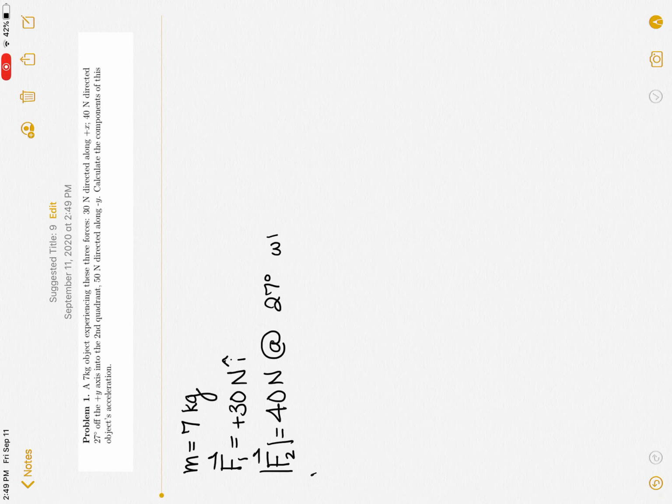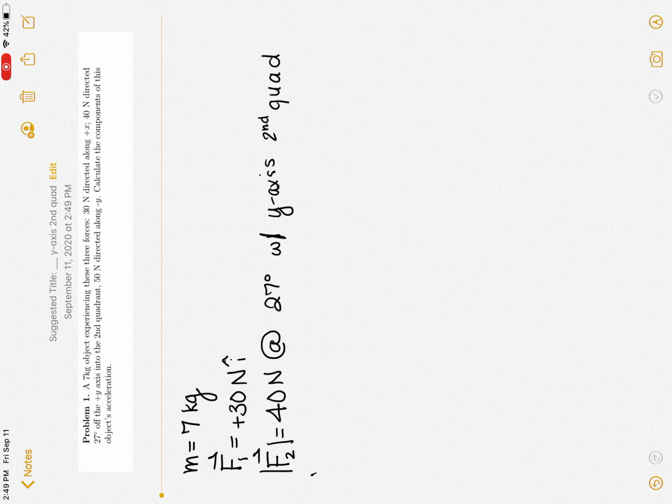We have our first force that is positive 30 newtons in the i hat direction only. Our second force has a magnitude of 40 newtons at an angle of 27 degrees with respect to the y-axis, second quadrant.